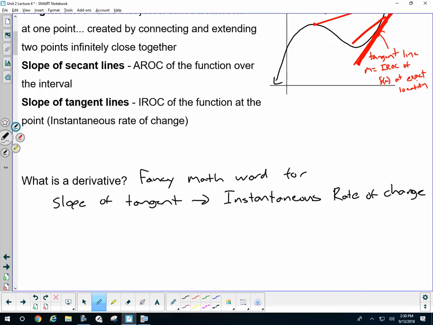Okay, so now throughout the rest of this course, if I say one of 3 things, do you have a question? Okay. If I say one of 3 different things, it means the same. Okay? If I ask you, what is the derivative? That's the same as if I ask you, what is the slope of the tangent?